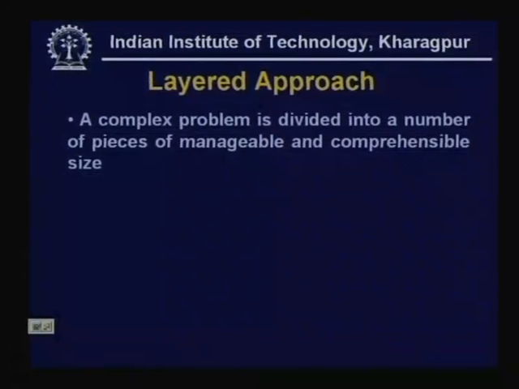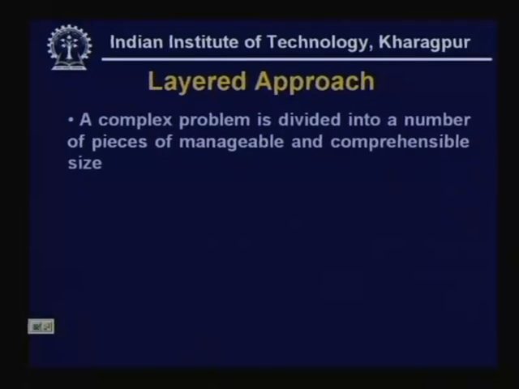Essentially, this layered approach is nothing but a divide and conquer technique. What do we do in a divide and conquer technique? A particular problem or task is divided into a number of subtasks such that each subtask can be tackled easily. So, let us see the basic issues or basic concepts of layered approach.